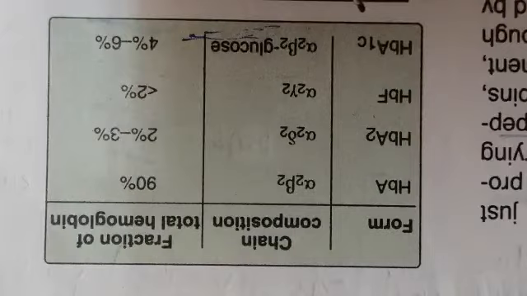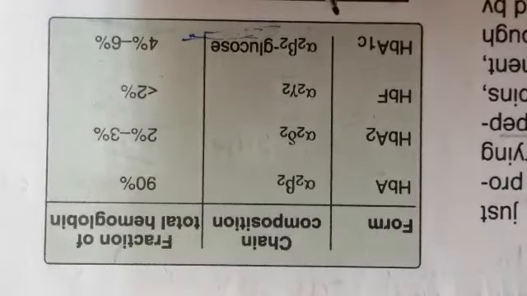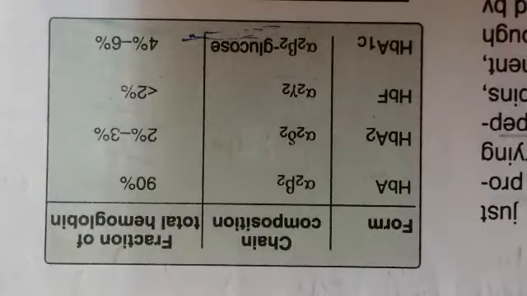It is also called glycohemoglobin because it contains glucose. The concentration is about 4 to 6% in a normal individual, but this hemoglobin increases in diabetes or other diabetic conditions. So this was a general explanation about the structure and types of hemoglobin.